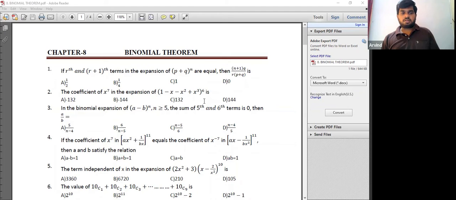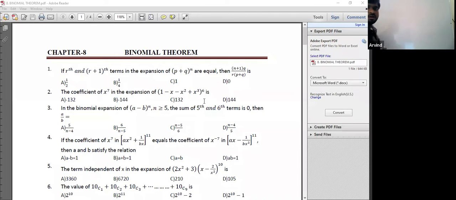They have said the rth term and the (r plus 1)th term are equal. So you have to find the value of (n plus 1) into q divided by r into (p plus q).